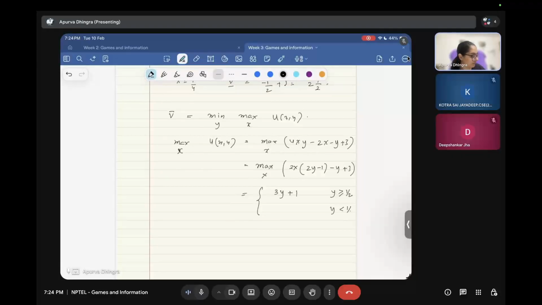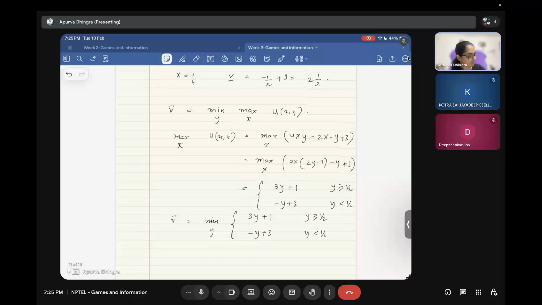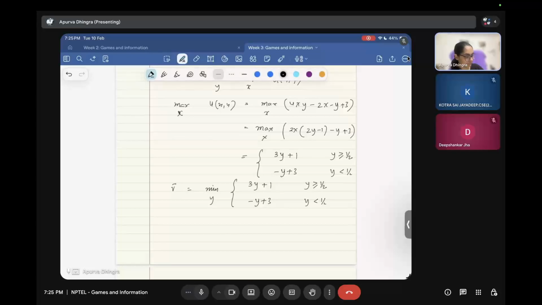In the case where y is less than half, this would be negative. 1 here would mean that this becomes even more negative, and this would reduce the value, so we'll let x be 0. So this is minus y plus 3, and ultimately this quantity would be minimized over y. And this turns out to be again 2.5 at y equal to half.